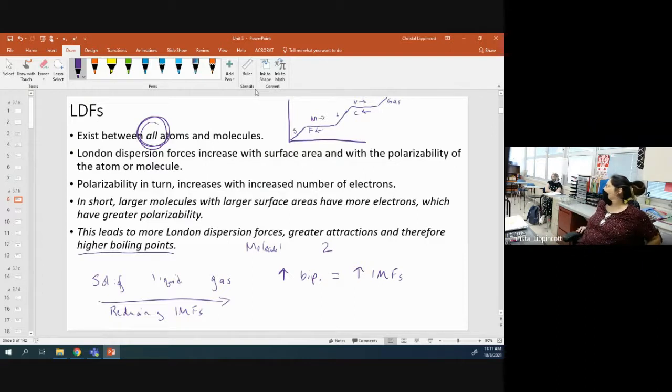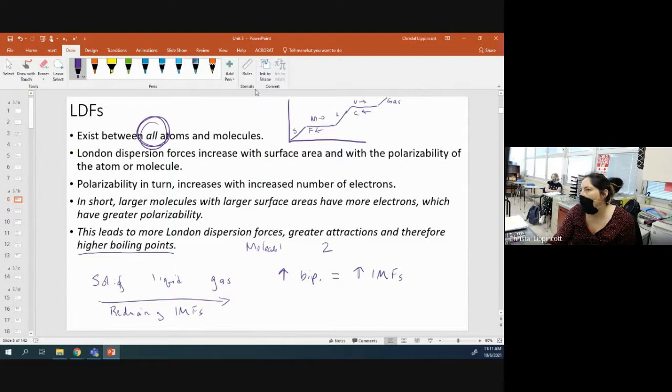Could you explain why the temperature is constant? Because all the energy that you're adding in when you're going this direction is going to get rid of or reduce, in this case, reduce your IMFs. Here, it's going in to get rid of those IMFs altogether.